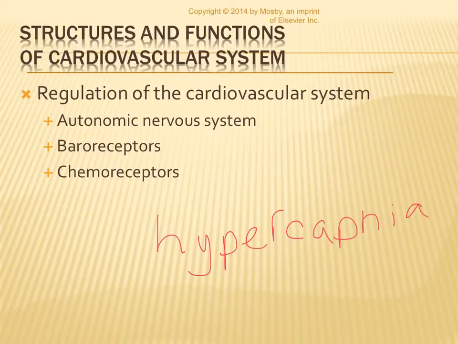And it also will have a decreased plasma pH. Remember, the decreased plasma pH is acidosis. And a decreased arterial O2 pressure, which is called hypoxia.